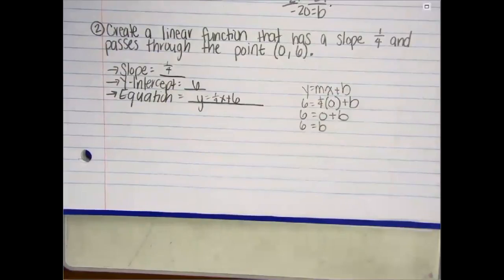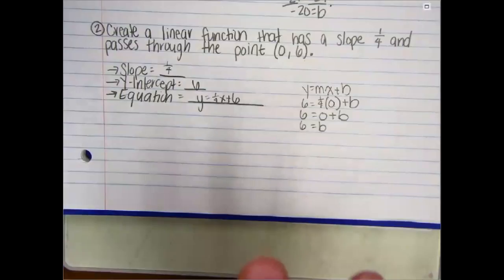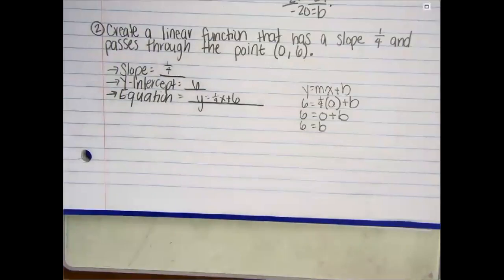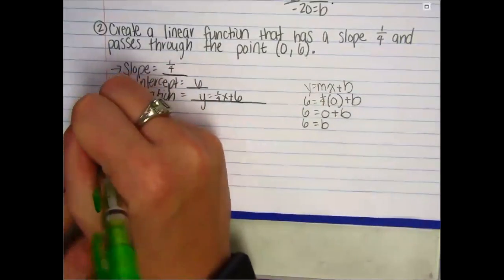So when you have problems like that, take a look at your point and think, do I already have my y-intercept? Now what if I gave you the point (6, 0)? You have your x-intercept, but we don't necessarily need that for linear functions. You'll need those for quadratics, which, don't worry, we'll get into this year.